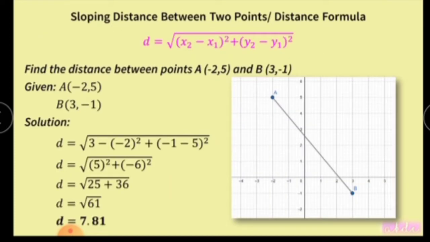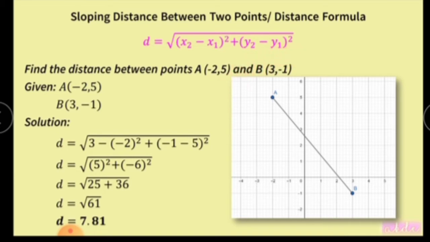For the distance between 2 points, or what we commonly know as the distance formula, the formula is d is equal to the square root of the quantity x sub 2 minus x sub 1 squared plus the quantity y sub 2 minus y sub 1 squared, wherein x sub 2 and x sub 1 are the x coordinates of the 2 points, and y sub 2 and y sub 1 are the y coordinates of the 2 points.